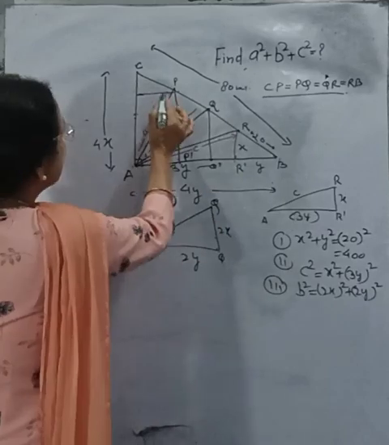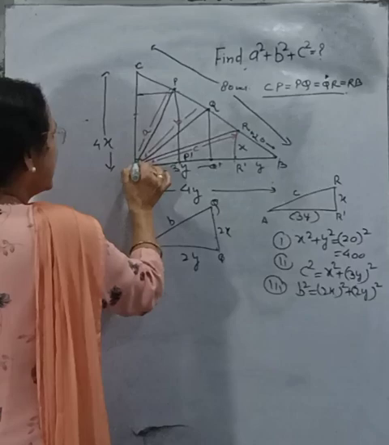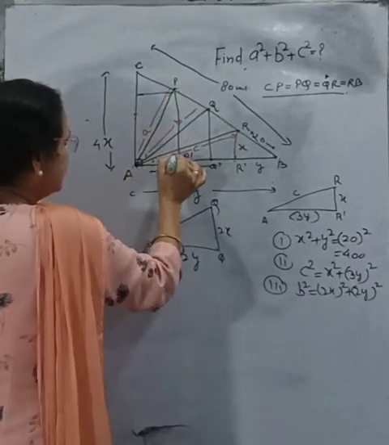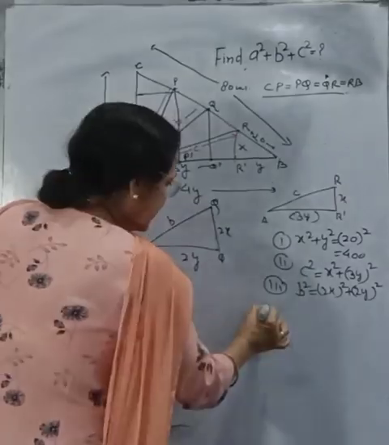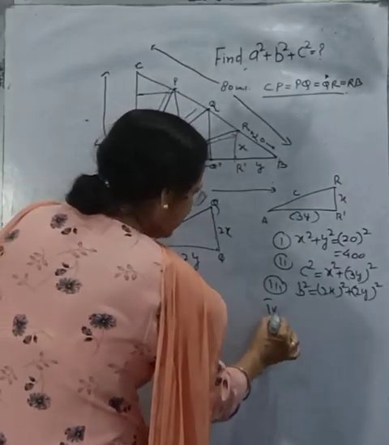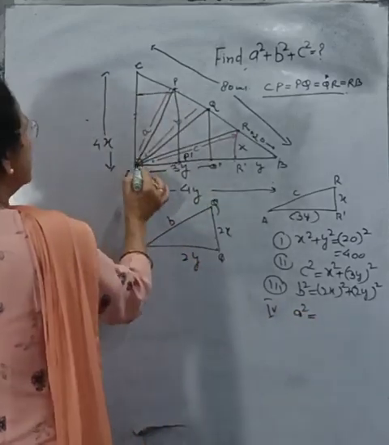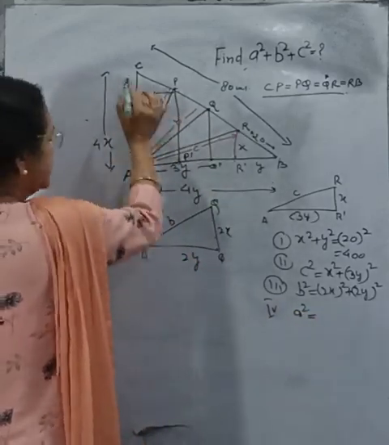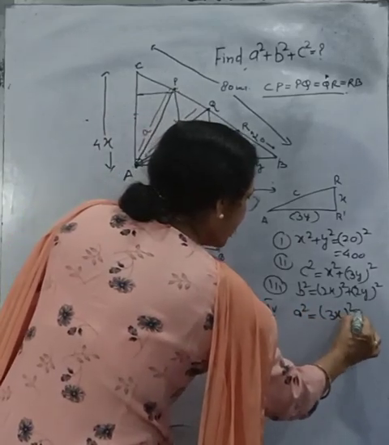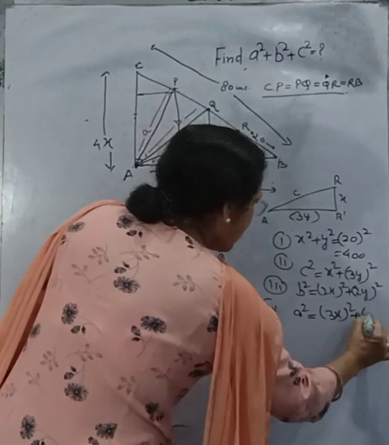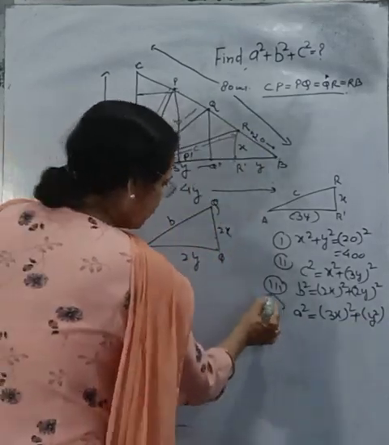So in this triangle, a square will be equal to 3 times x whole square plus y square. This is the fourth equation.